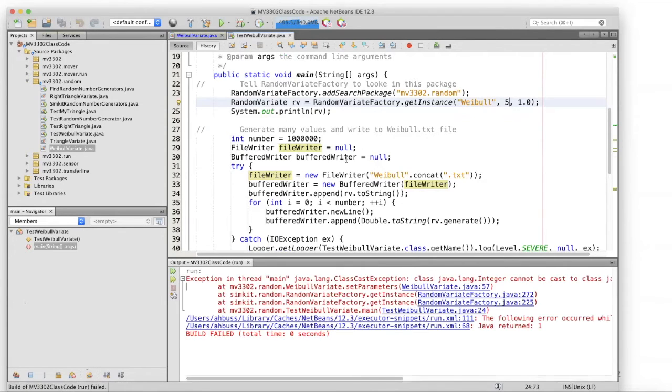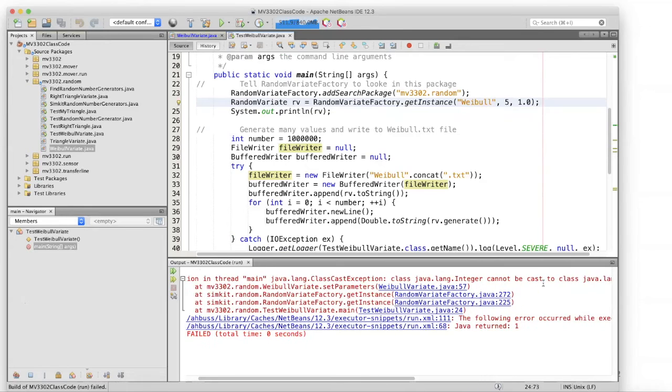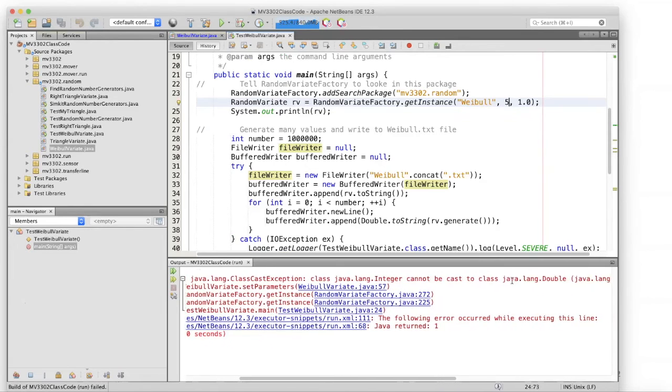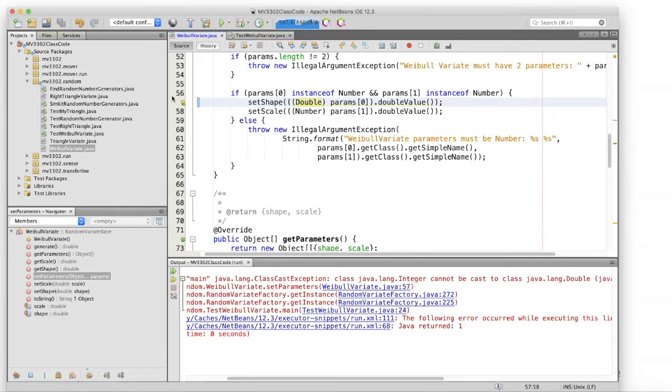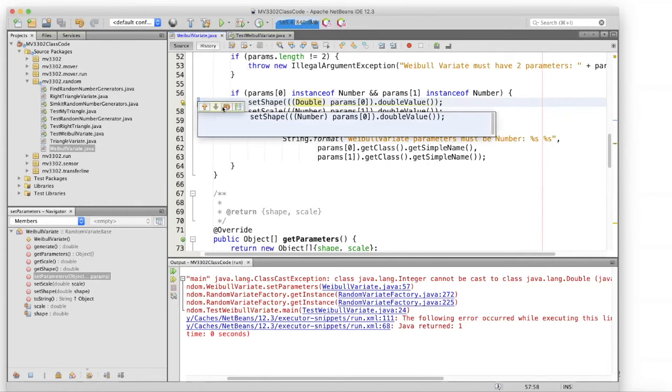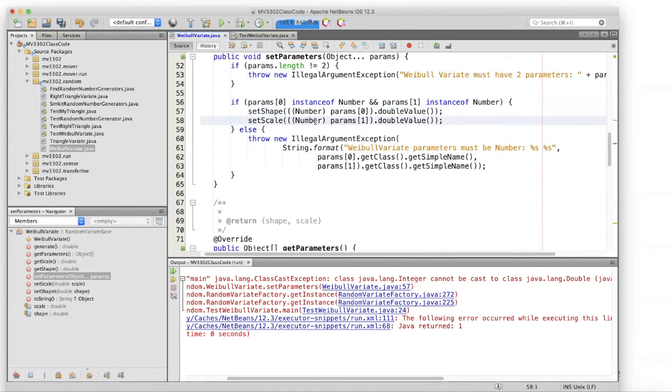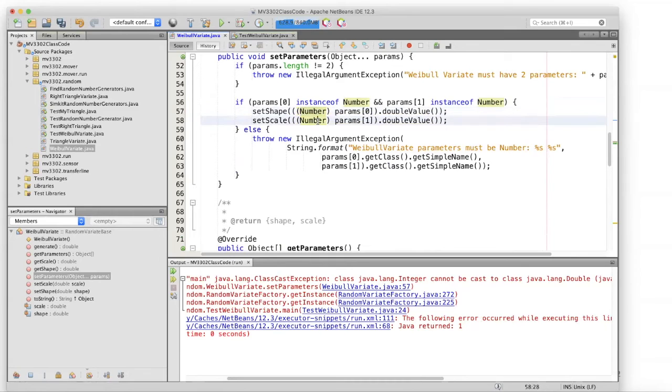At least I should get an error. Yeah. See, look, it says integer cannot be cast to a double. If you remember, an integer is not compatible with a double in the object world. So that is why I said it is a number. An integer is a number, and for every number I can extract the double value.